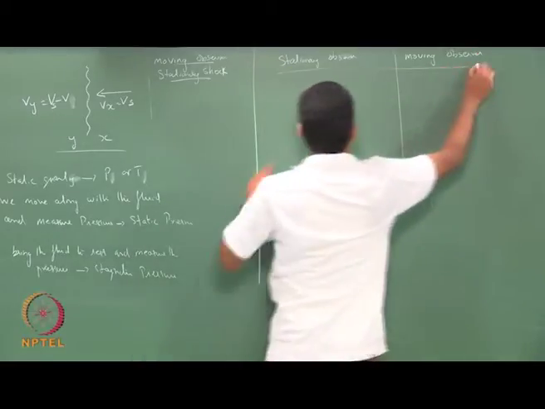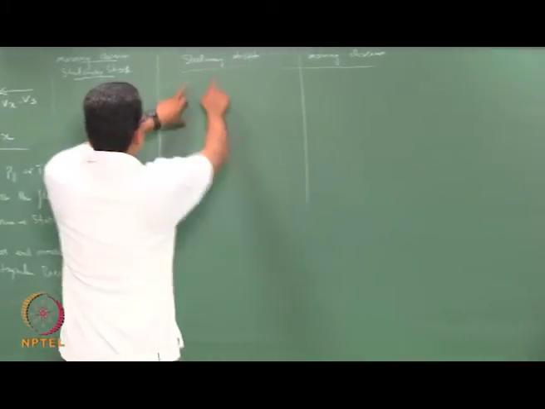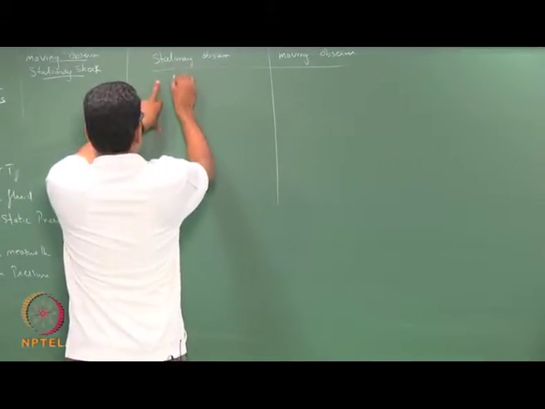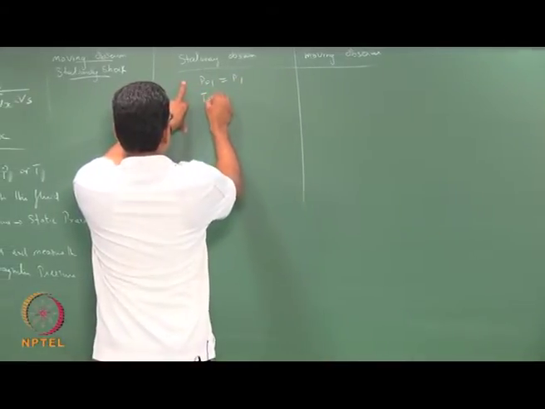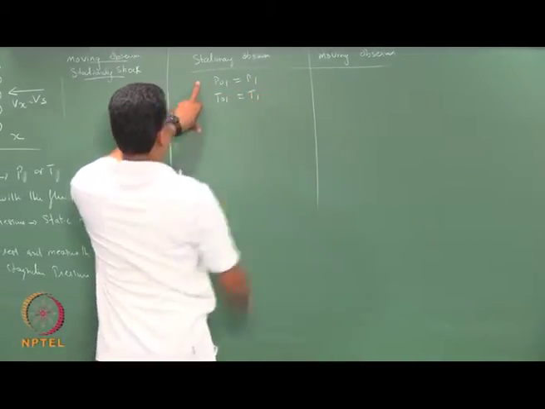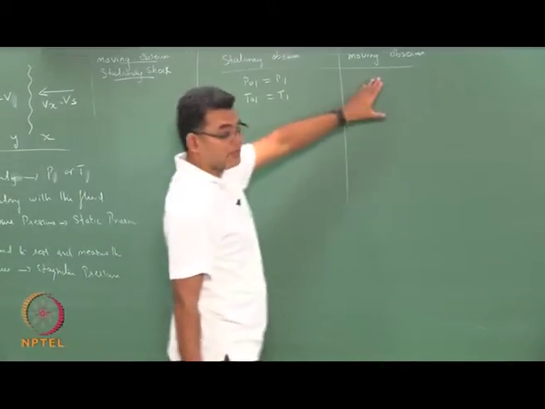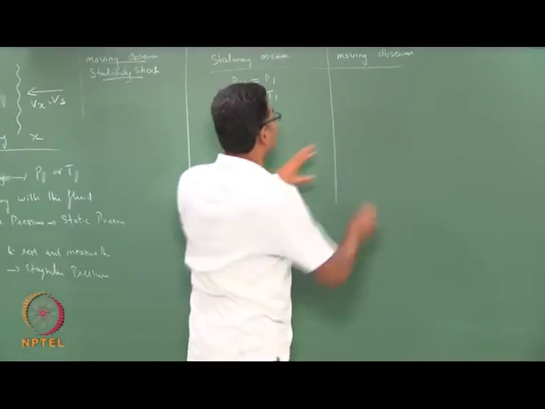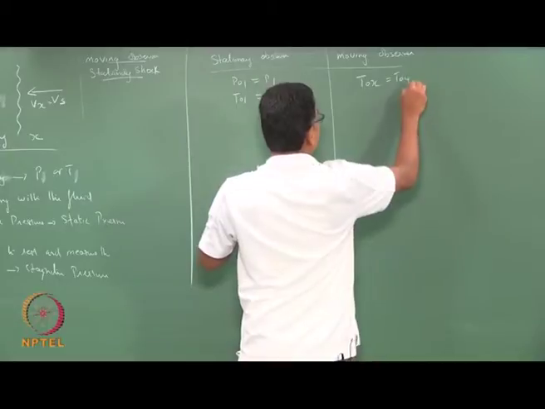Or you can write this as moving shock and stationary shock. So, in stationary observer, my P01 is same as my P1 and my T01 is same as my T1. In a moving observer, we have a standing shock, which means my T0x is same as my T0y.